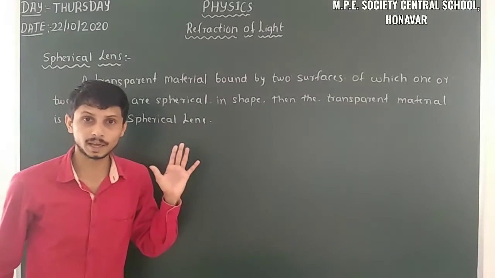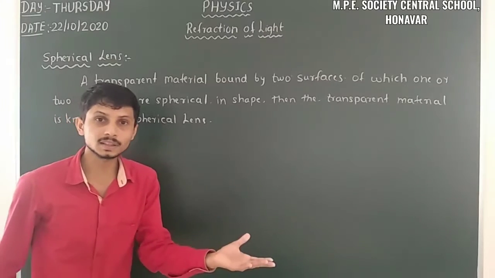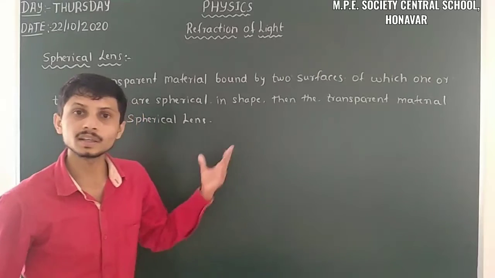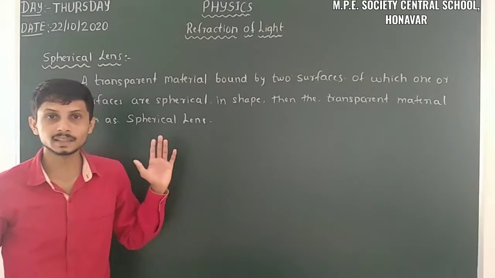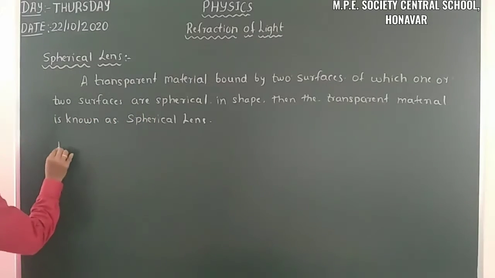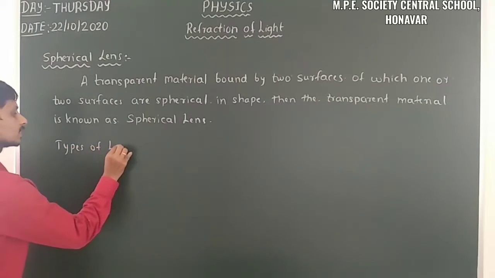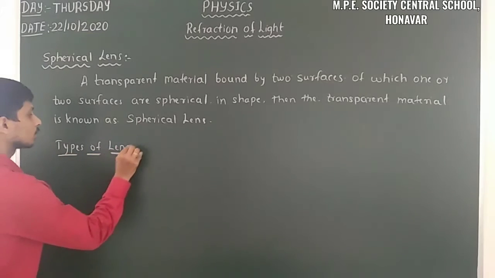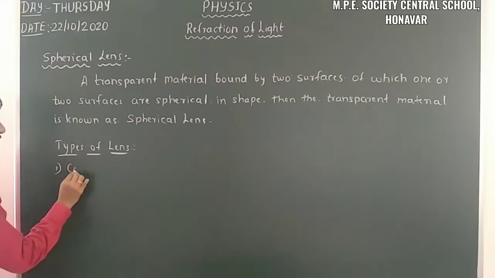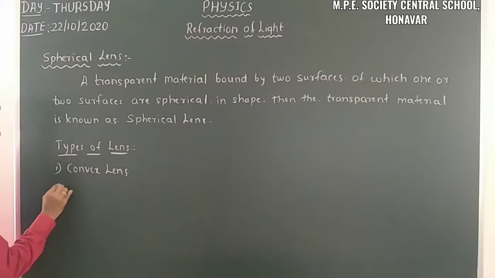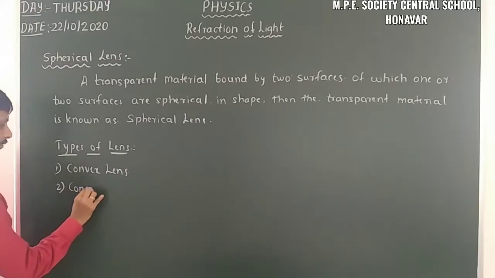There are two types of lenses. Likewise in mirrors, we have convex mirror and concave mirror. Here we have convex lens and concave lens. So the types of lenses are, one is the convex lens, another one is the concave lens.